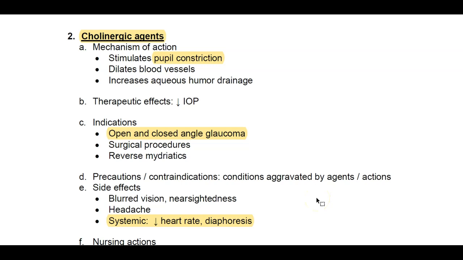Side effects that you have to remember, common ones will be blurred vision, nearsightedness, and headache. But the systemic ones, which you should have already learned, cholinergic agents systemically can decrease heart rate and cause diaphoresis. So remember, cholinergic agents' side effects include moisture or fluid coming out from different places.